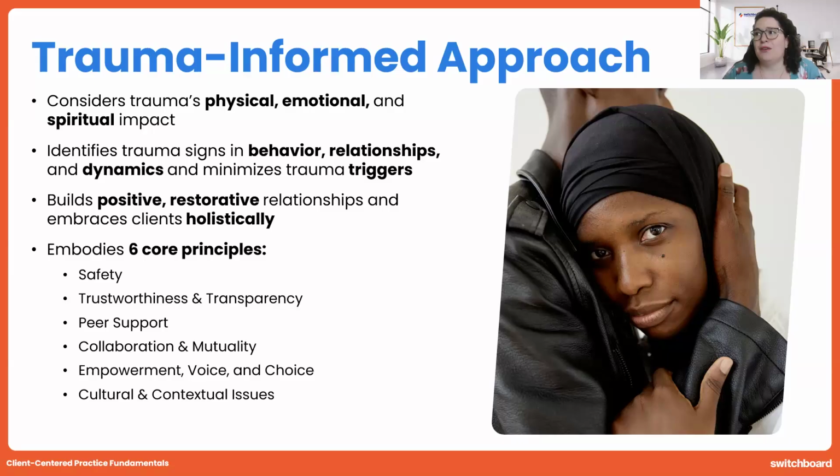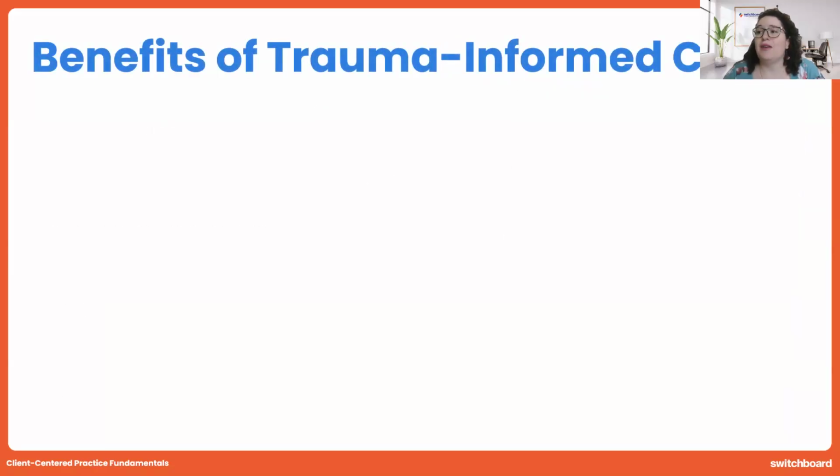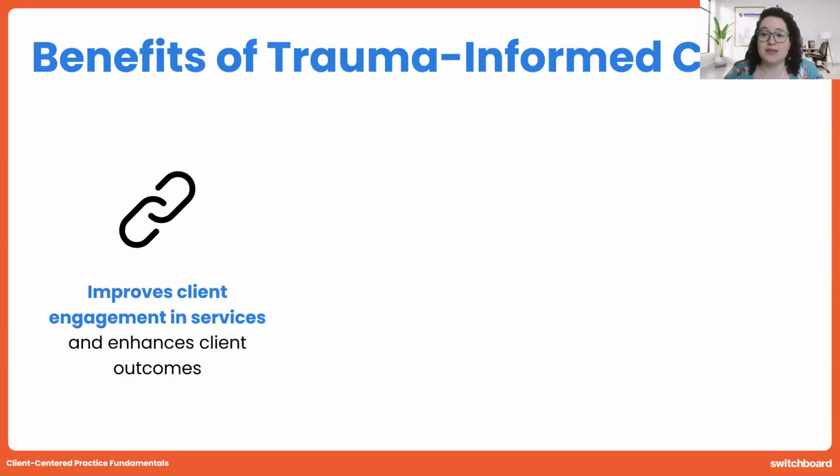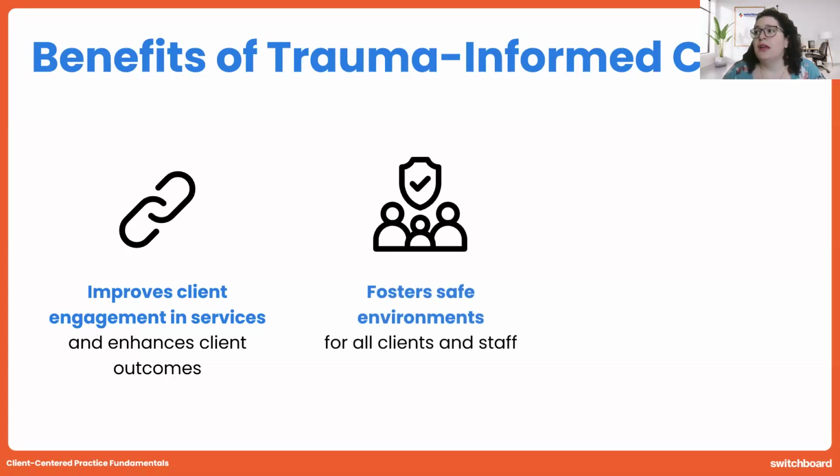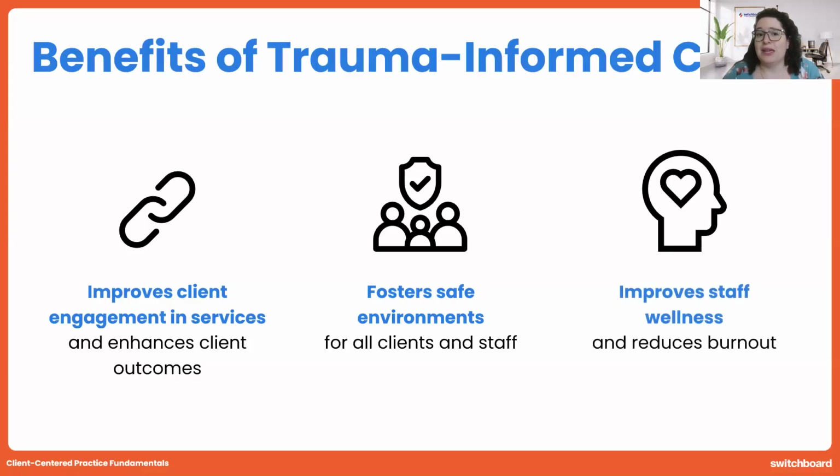The benefits of trauma-informed care are many, but they really improve client engagement in services and enhance client outcomes. It makes clients more likely to engage, more likely to stick with it, and end up in a better place. And it really fosters safe environments for all clients and staff, which improves staff wellness and reduces burnout, because staff are exposed to secondary trauma from working with clients.